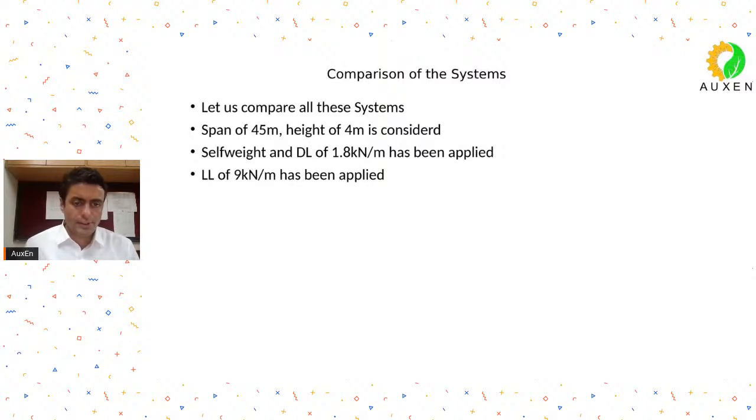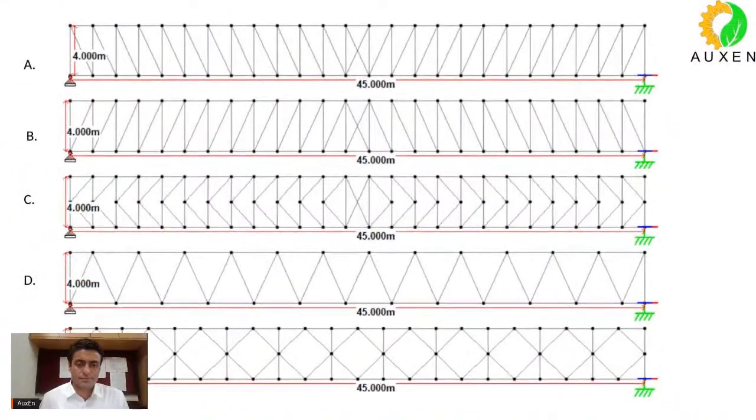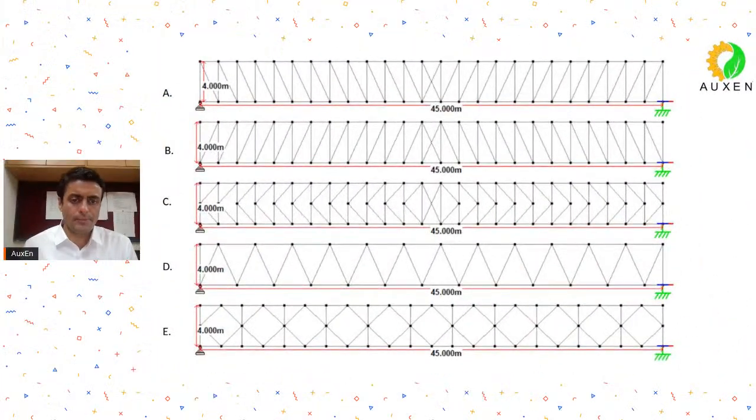Okay, good, very interesting. So this is how you will find these systems. We have done a quick model on the software, and you will see all these systems being developed. All the five options, I have given them A, B, C, D, and E. All are 45 meters in length and 4 meters in height.